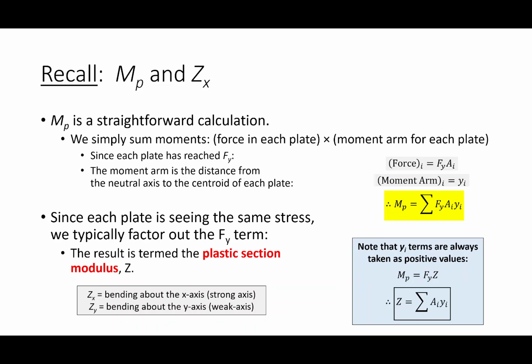MP represents the theoretical maximum capacity of a beam. To compute the maximum capacity, we would take Fy times Zx. And then how to compute Zx? Well, there's some discussion there.